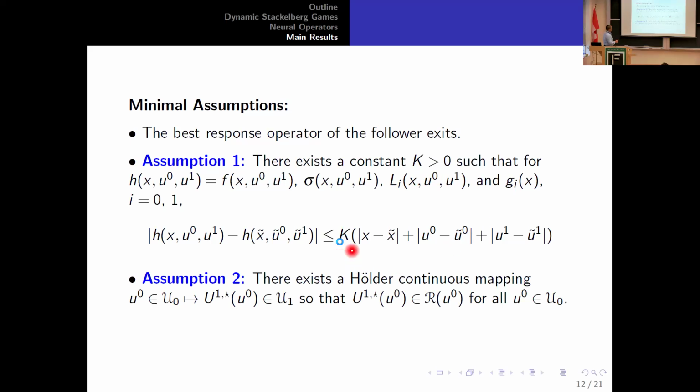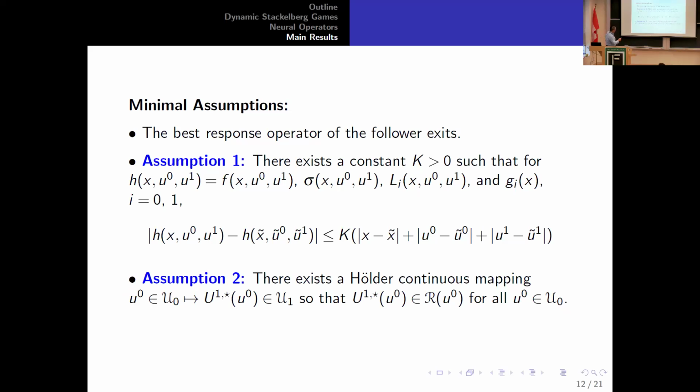We assume they satisfy the Lipschitz condition. And for the next assumption, we further assume that the theoretical best response map is Holder continuous. Finally, we'll prove that it turns out to be Holder continuous with parameter a half.